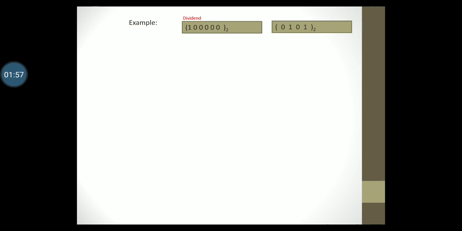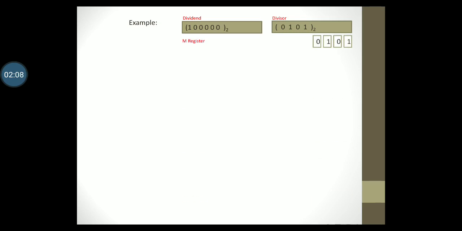Let us take an example and divide the following two binary numbers. When dividing the two numbers, the first number is called the dividend and the second number is called the divisor. In the previous slide, I mentioned two registers.